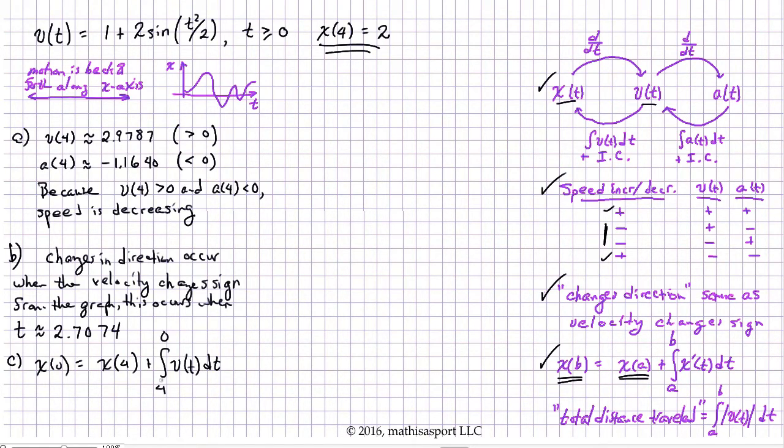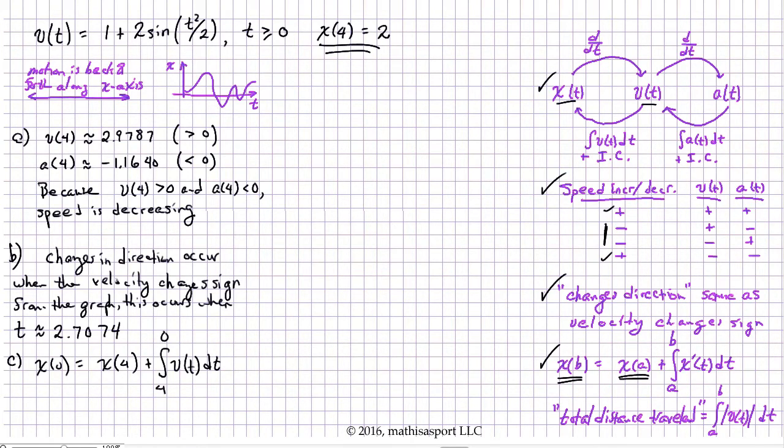Notice some people will get concerned about the fact that I'm doing an integral from 4 to 0, but this is all part of the system of integration where reversing the direction of integration simply gives you the opposite sign that you had before, and so it automatically takes into account the fact that we're starting at t equals 4 and going backwards in time to t equals 0.